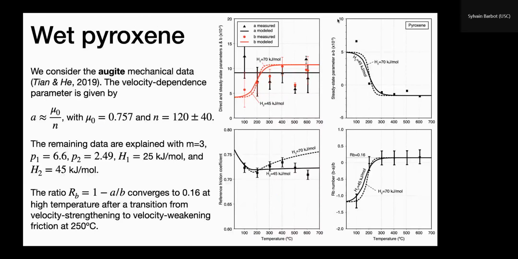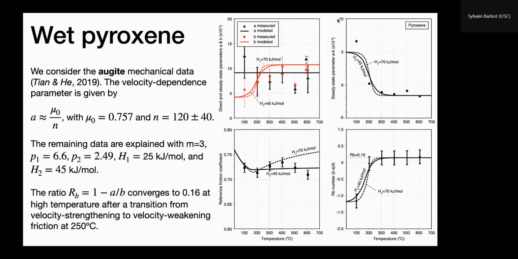However, there's a strong sensitivity: B and A minus B are a strong function of temperature. In lab experiments of this type, these values are obtained through velocity jumps. But when the machine and the samples have a finite stiffness, it makes it difficult, or non-unique, to find A and B individually.